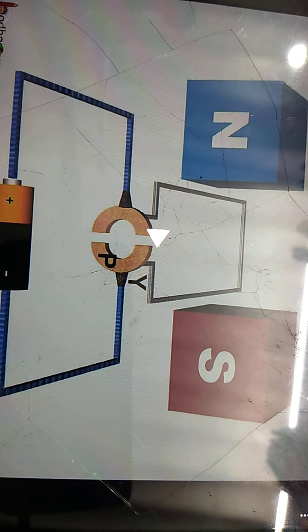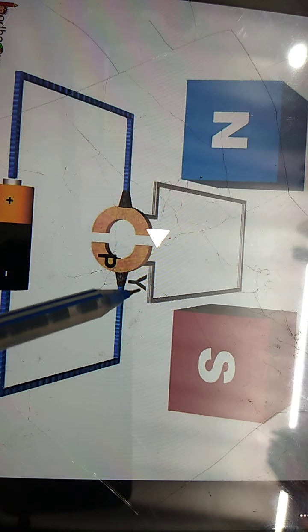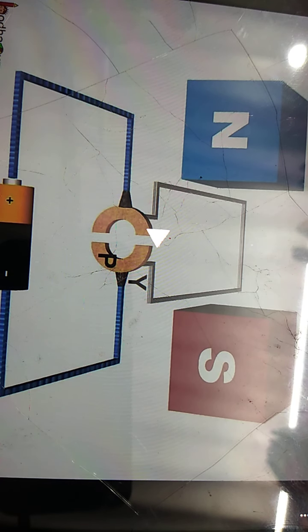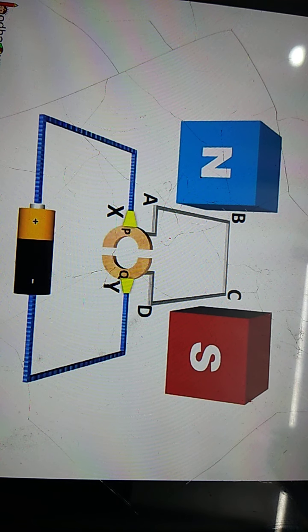One more thing we learned today: if current is in the direction of magnetic field, then no force will act in that arm. Here only two arms, AB and CD, will experience a force, and the forces are in opposite directions. Hence they will produce what we call torque, and that torque helps the armature to move either in the clockwise direction or in the anti-clockwise direction.